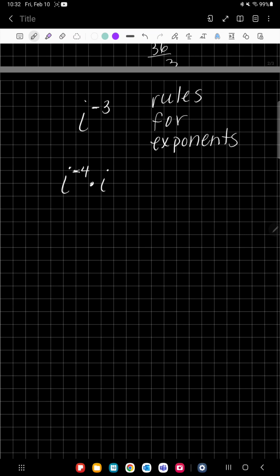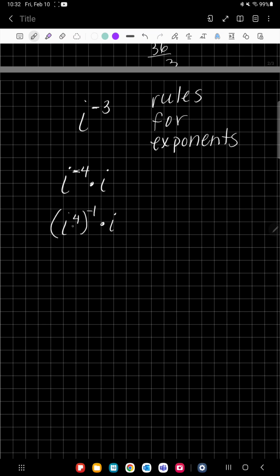So if that's true, then what if we rewrite this as i to the fourth, and we do that to the negative 1, because we're still incorporating our rules of exponents, times that i, right?